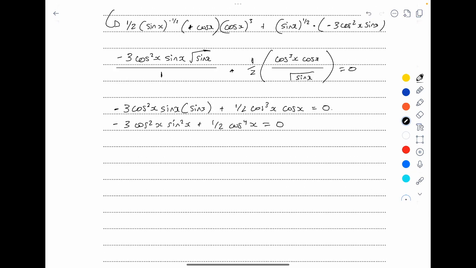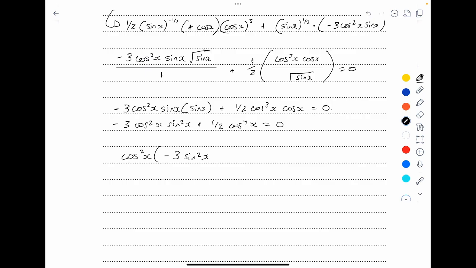Next, we want to make life simple for ourselves because it's going to make the question a lot easier. And the way I would do that is we factorize. So we take out cos squared x.